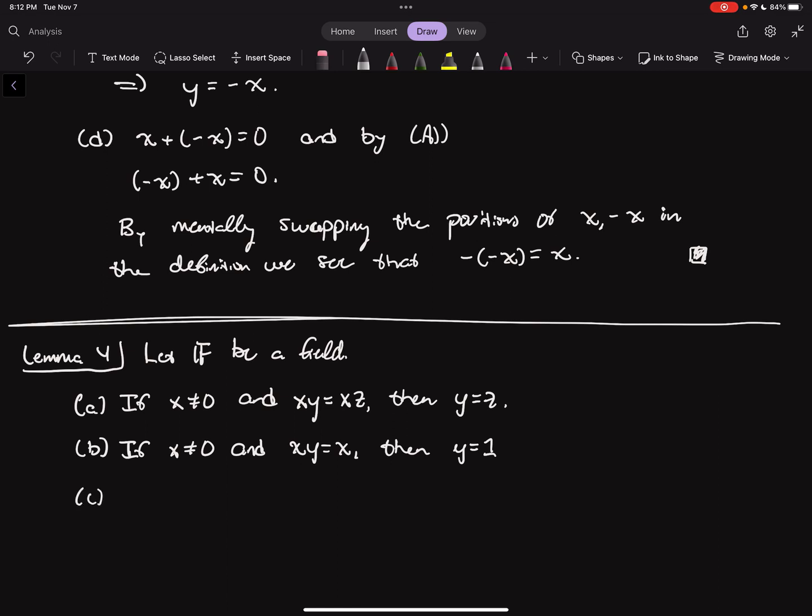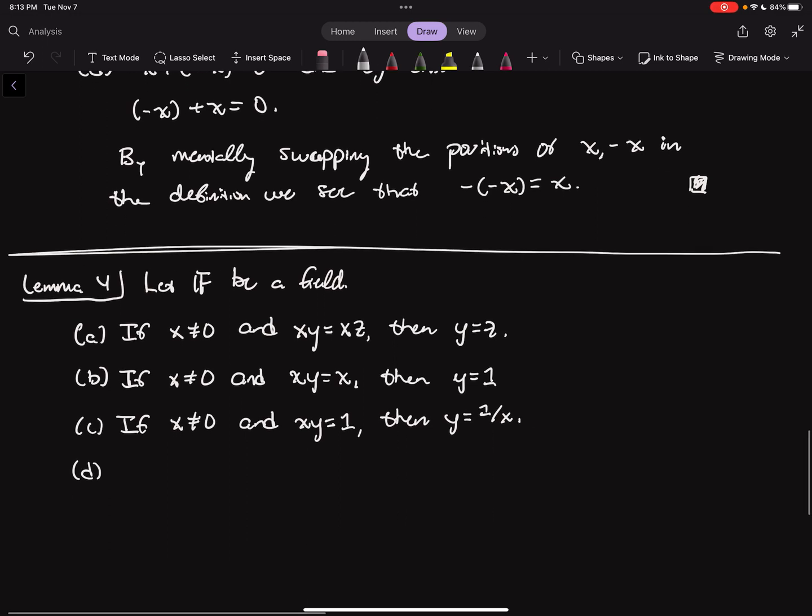C is that if x is non-zero and xy equals 1, then y equals 1 over x. D is just that if x is non-zero, then 1 over 1 over x is just x.